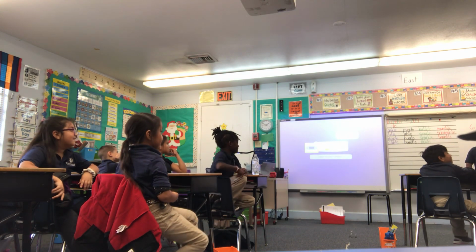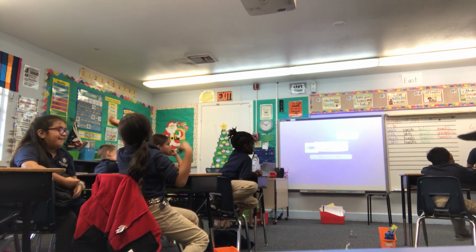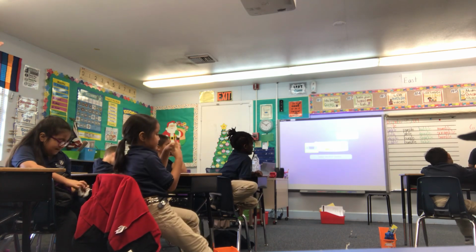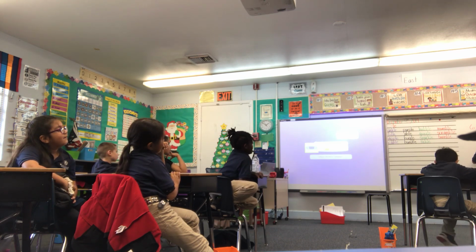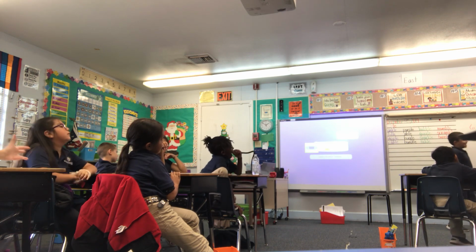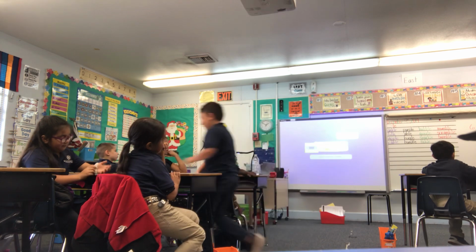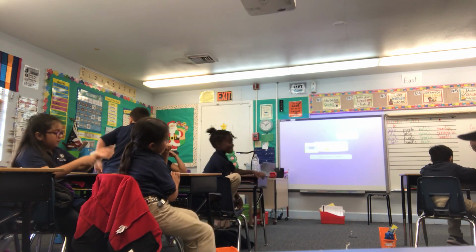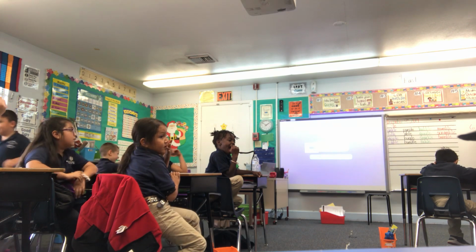How are we going to solve this one? Jaden says that 6 plus 2, good job, is equal to 8. How do we know that? How do we know that, Melanie? Because 6 plus 2 equals 8, and then we put an 8.